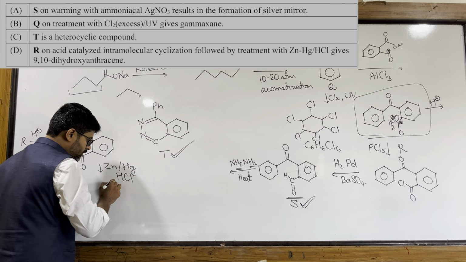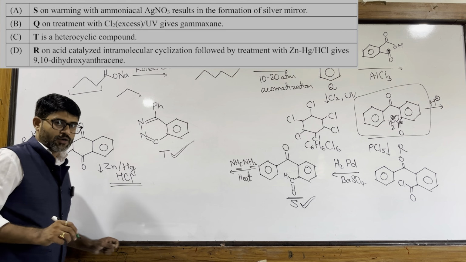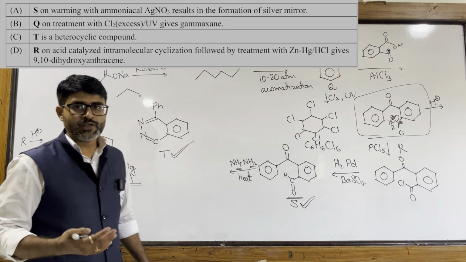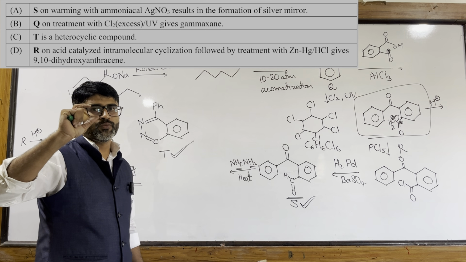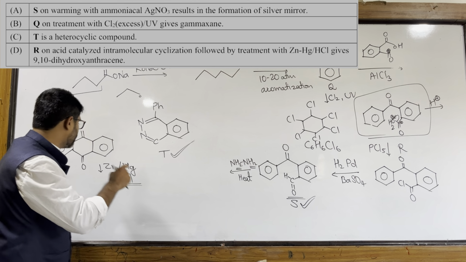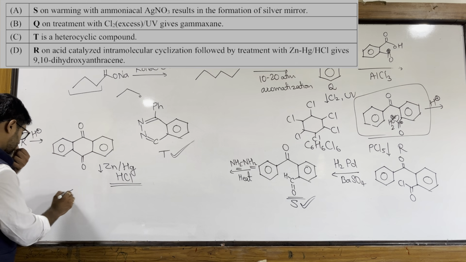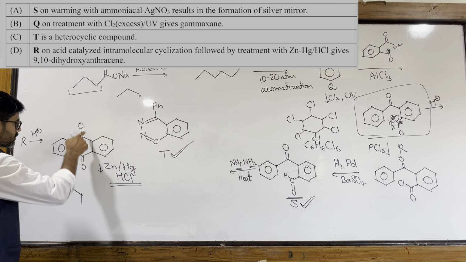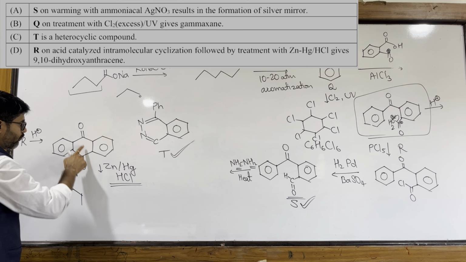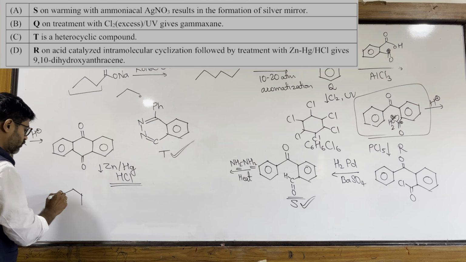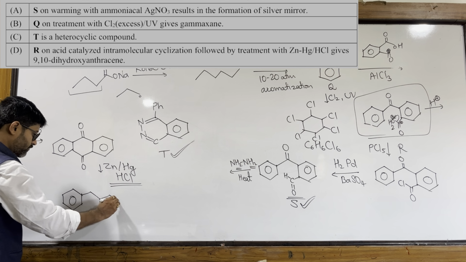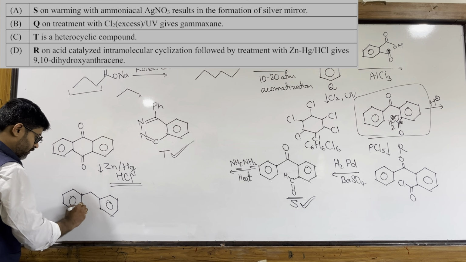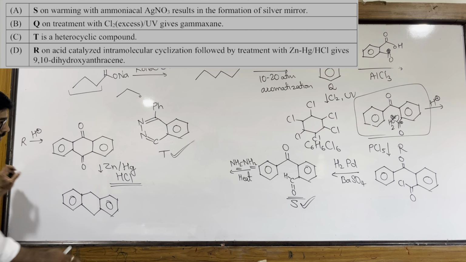So this is Clemmensen reduction. Clemmensen reduction of a carbonyl group gives a CH2 group, a methylene group. So we have to convert these carbonyl groups to CH2, one CH2 here, another CH2 here. So the product of the reaction will be this, the final product.